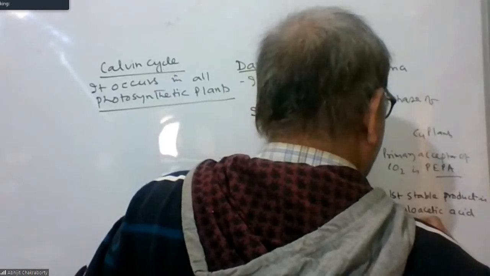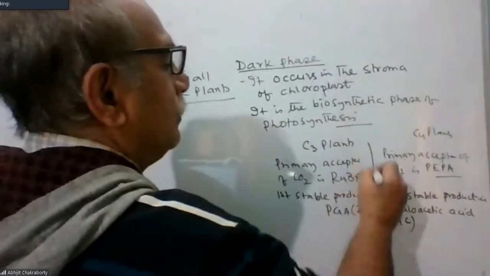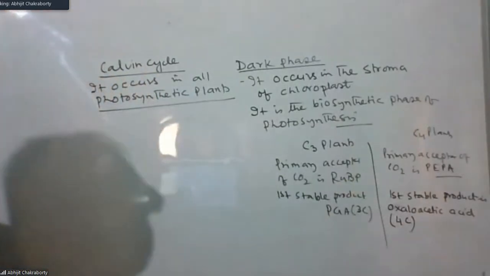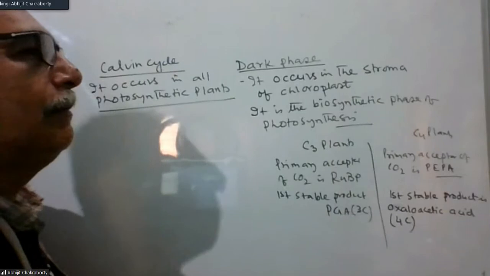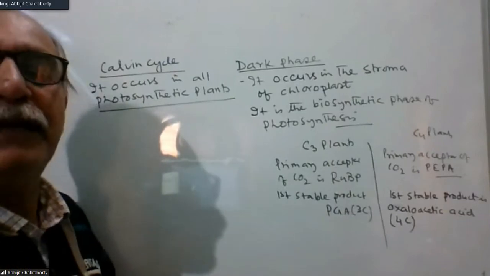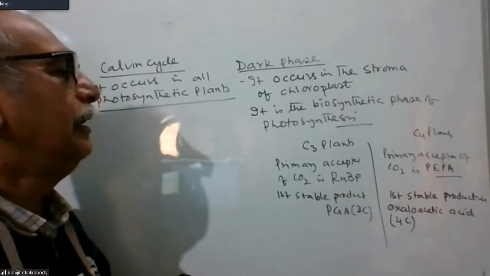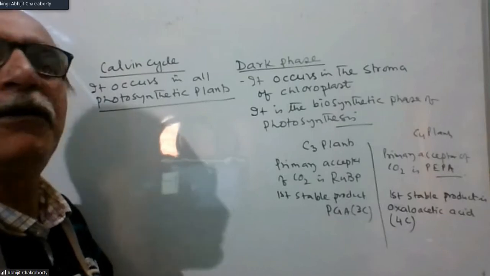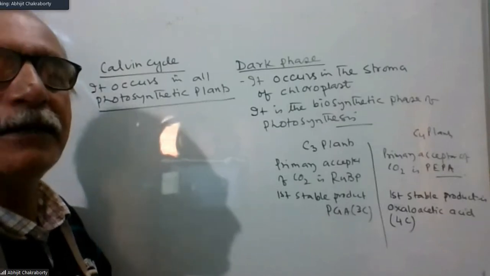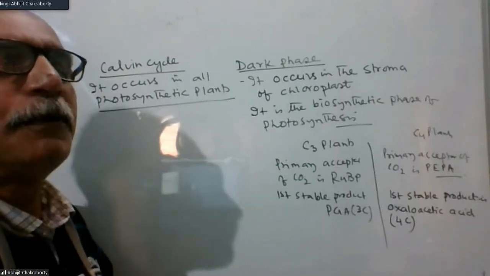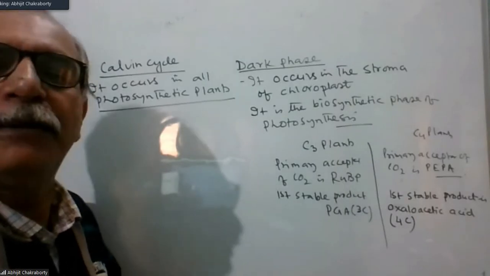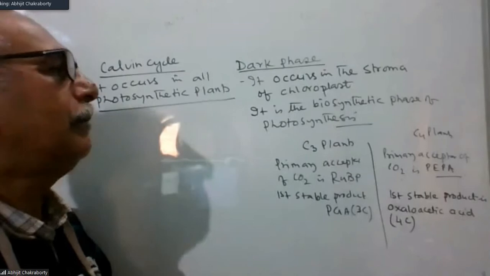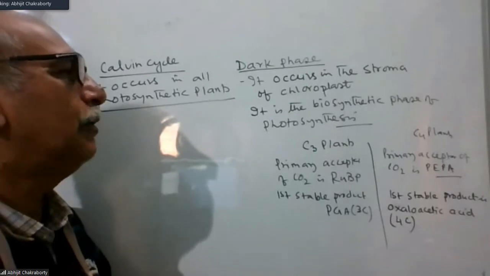In C4 plants the first stable product is a four-carbon compound. So there are C3 plants and C4 plants, but remember this: in both C3 plants and C4 plants, and even in CAM plants, the Calvin cycle occurs. That means the Calvin cycle is a must, because without the Calvin cycle, food cannot be prepared.